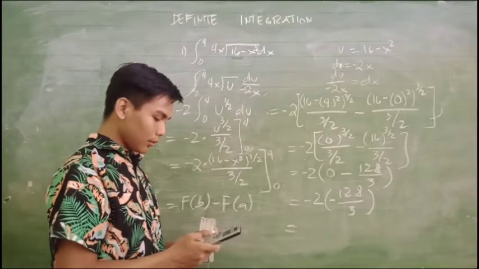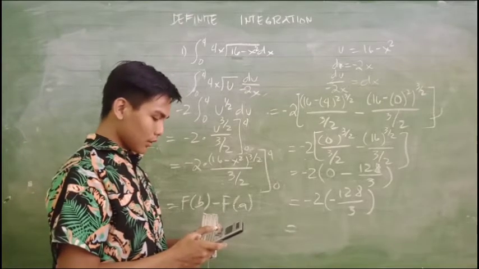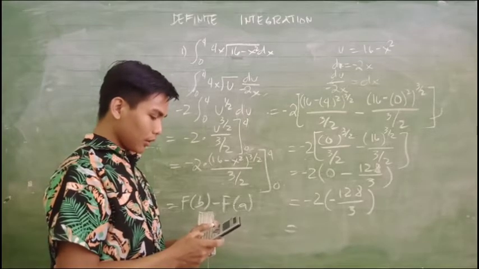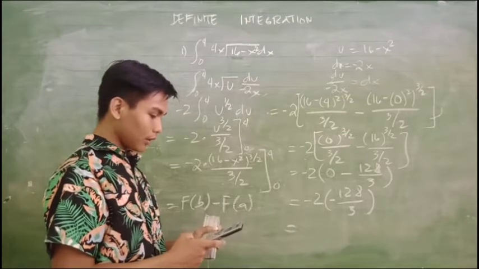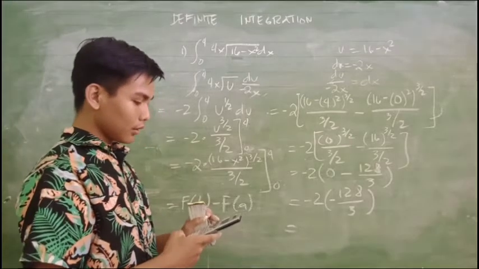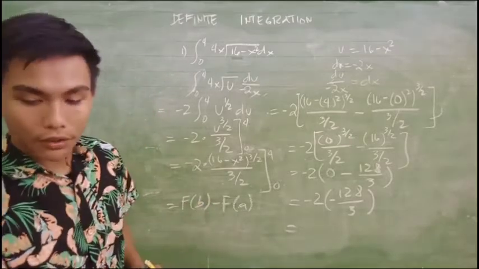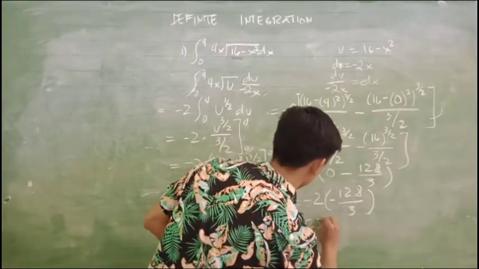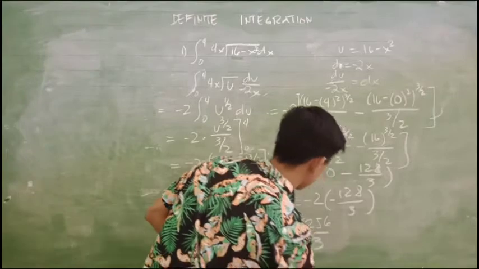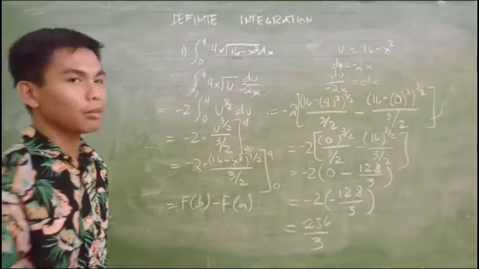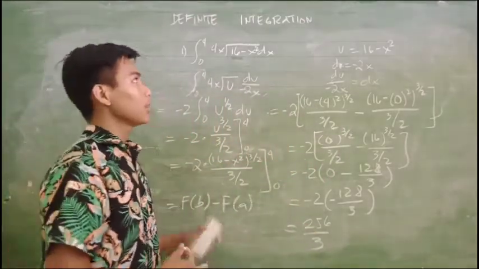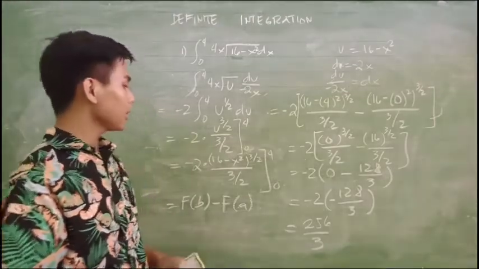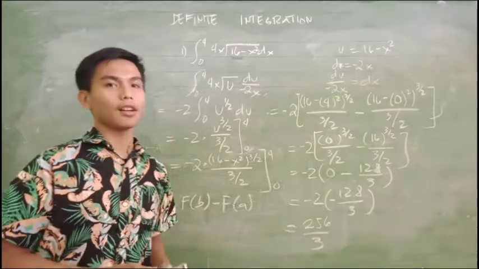So negative 2 times negative 128 over 3 would be 256 over 3. So this is the process of using u substitution in finding the definite integral. So let us have another example.